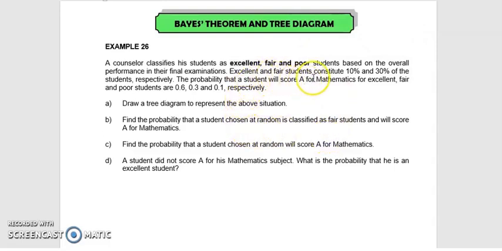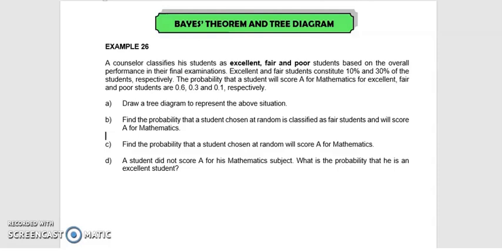Excellent and fair students constitute 10% and 30% of the students, respectively. The probabilities that a student will score A for mathematics for excellent, fair, and poor students are 0.6, 0.3, and 0.1 respectively.